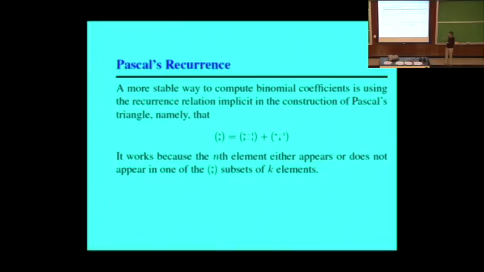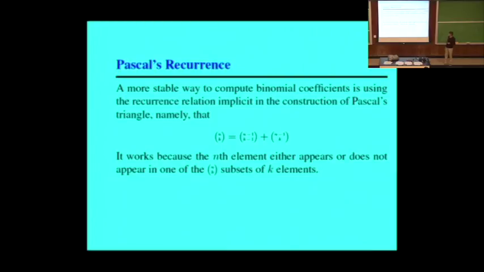If it does include item n, then there are n minus 1 items that we have, and we have to pick the other k minus 1 items from that. This is going to count how many subsets there are of k items out of n, where one of those items is actually the item n. Either this subset includes item n or it doesn't.